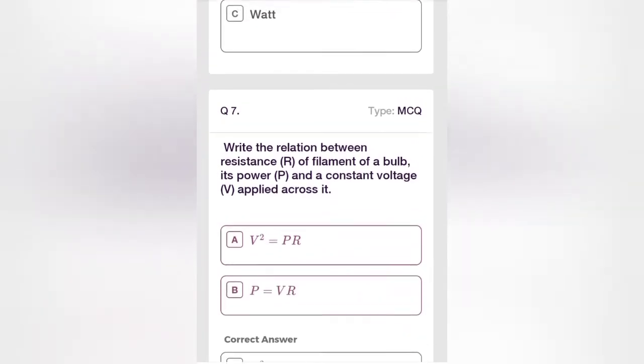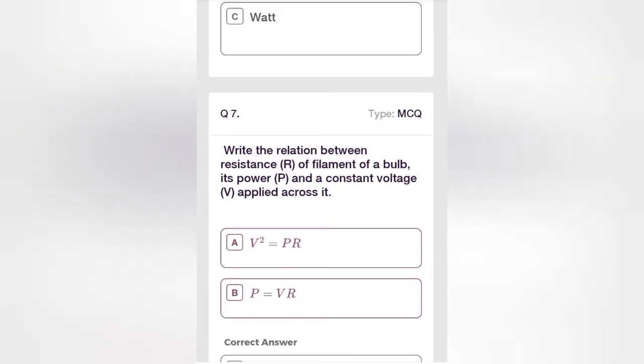Seventh question, write the relationship between resistance of filament of bulb, its power, and constant voltage. See, we know power is equal to V into I. It is the product of voltage and current.